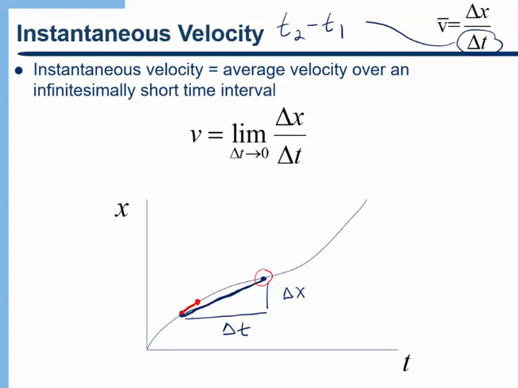And what if I brought it even closer? Then we'd be pretty close to finding the actual slope of the curve at that point, and that is the instantaneous velocity. So that's our definition. It's the limit of the average velocity as delta t goes to 0. Never quite gets there, but it gets arbitrarily close.